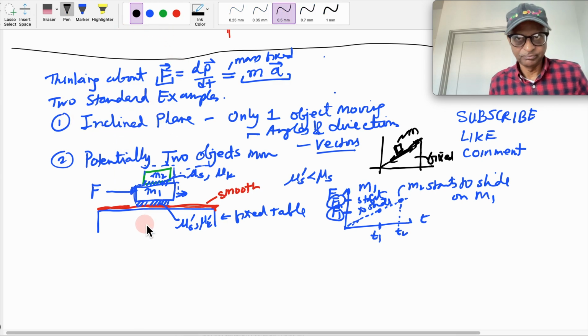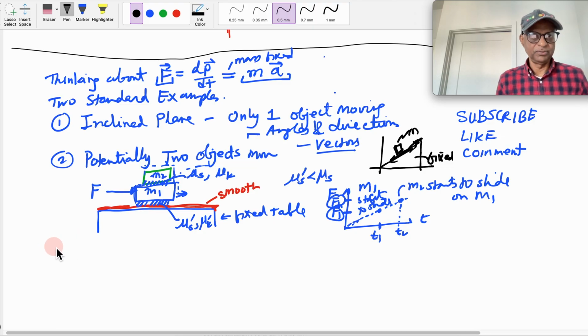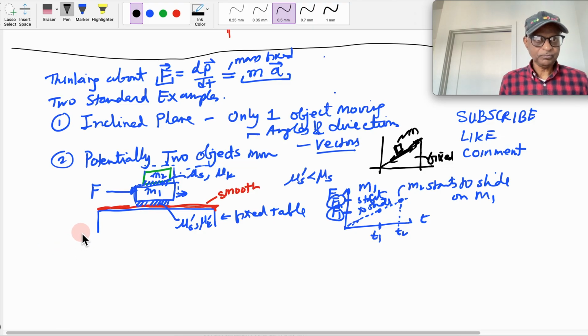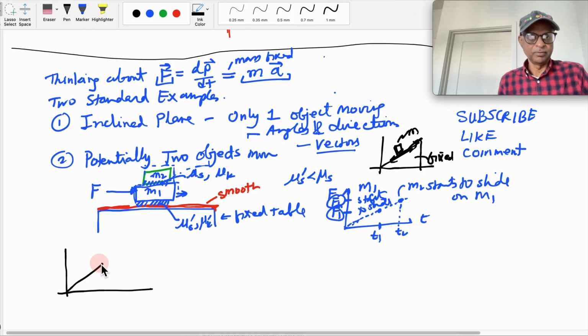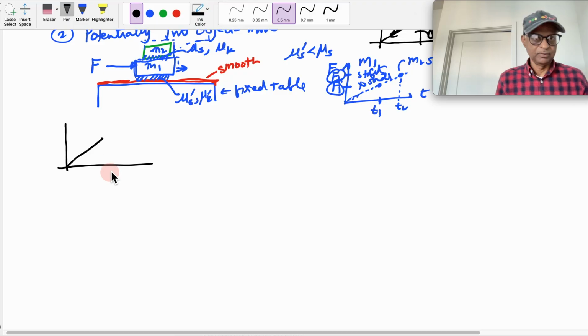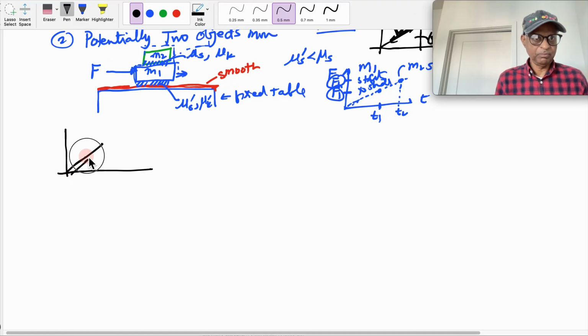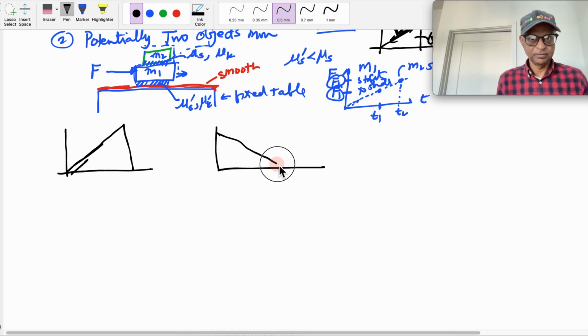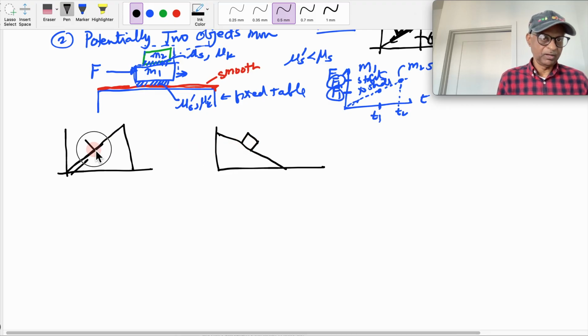So, inclined plane. Let's rewrite that. You can have an inclined plane like so, or like so. It's the same situation. You put a box here, and you put a box here.